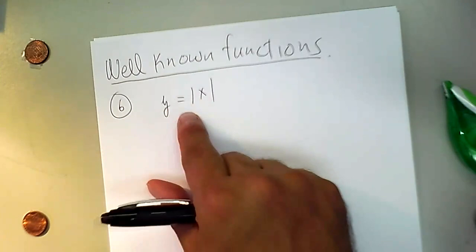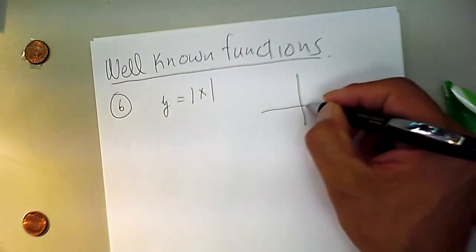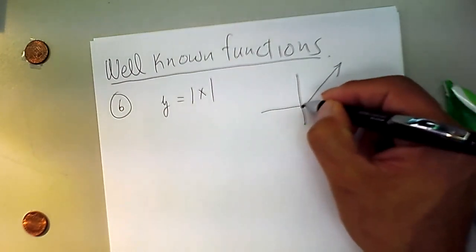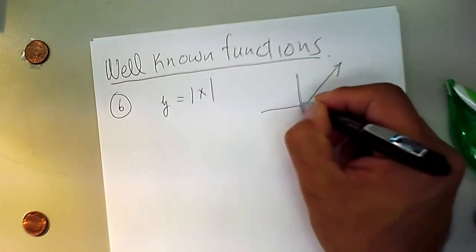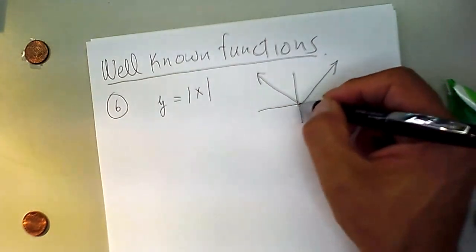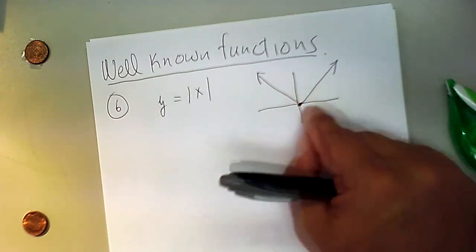So this is a well-known function. Make sure you know it. It is a line that starts, a ray that starts on the origin, and another ray connected to this one that also starts on the origin. And they're 45-degree angle relative to the x-axis and the y-axis if the units are the same.